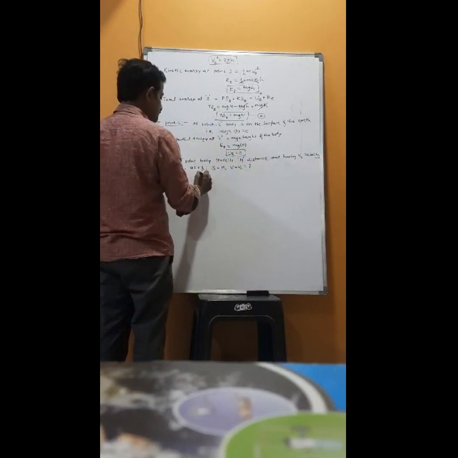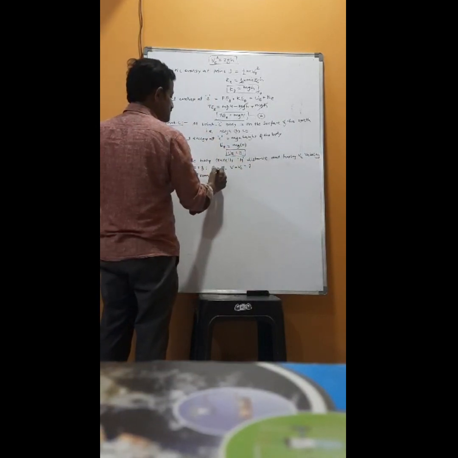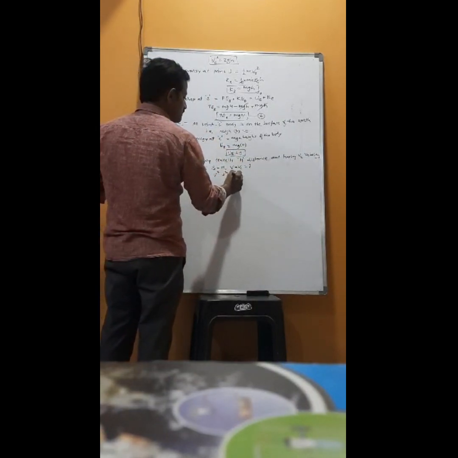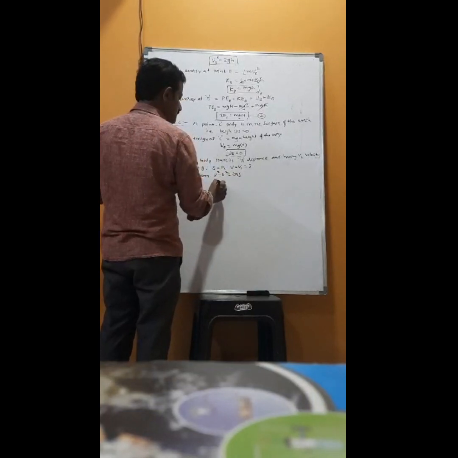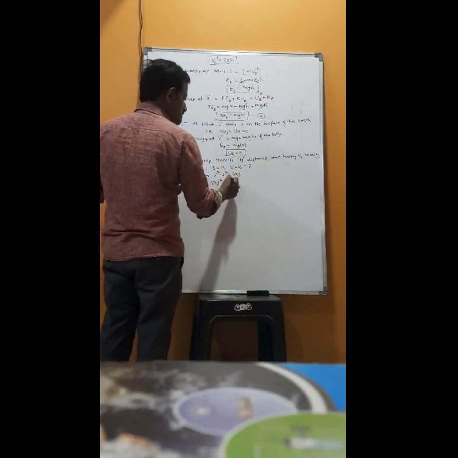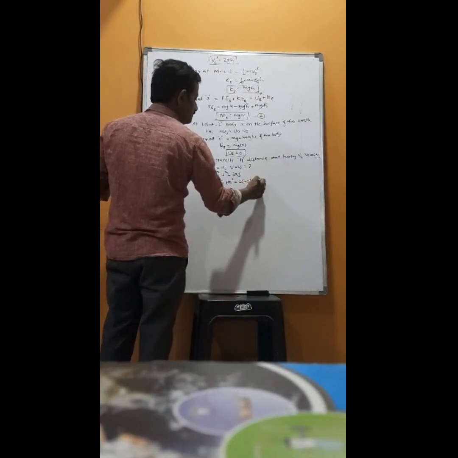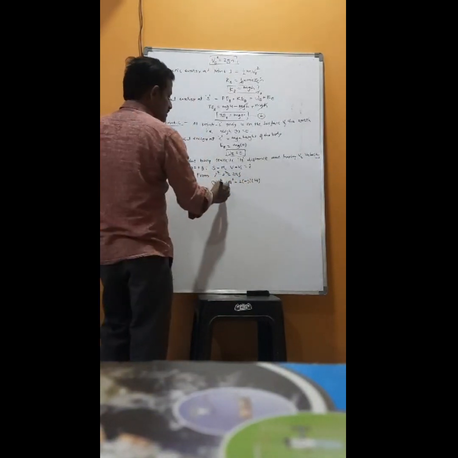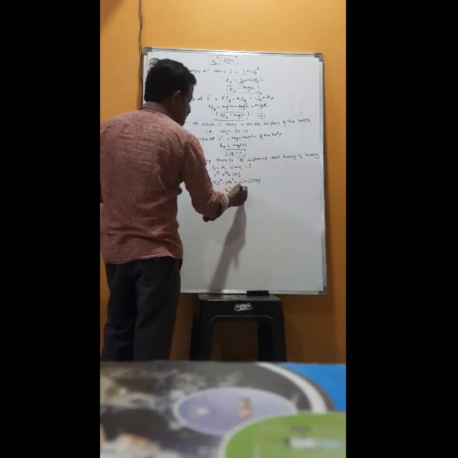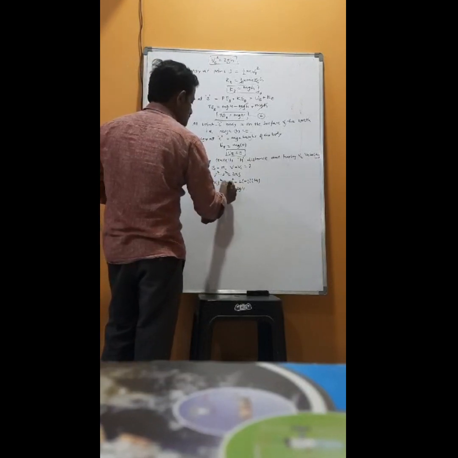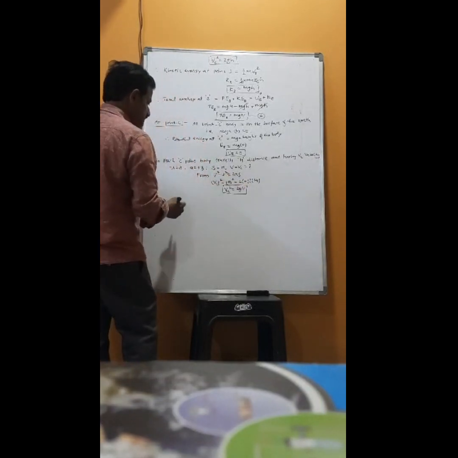From v squared minus u squared is equal to 2as, VC squared minus 0 squared is equal to 2 into plus g into H. Now VC squared is equal to 2gH. No need to find VC.